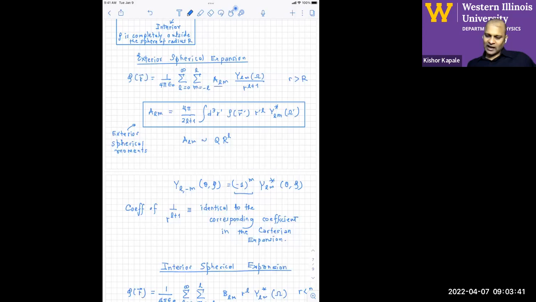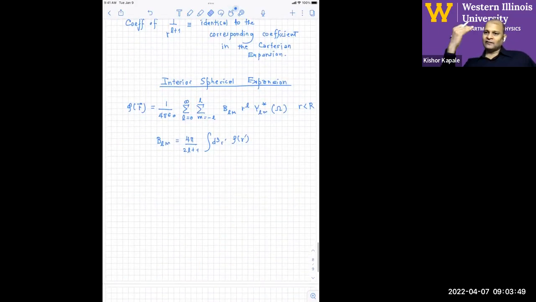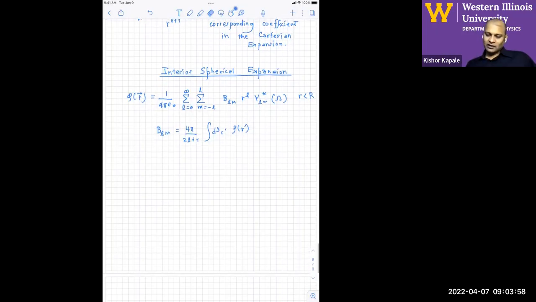You had ALM divided by r to the power L plus 1 for the exterior moments. You can't have the distance in the denominator when you are inside. When r equal to 0 is part of the domain, that would put you in trouble, right? So when r can go to 0, you cannot have r in the denominator. You have r to the power L here.